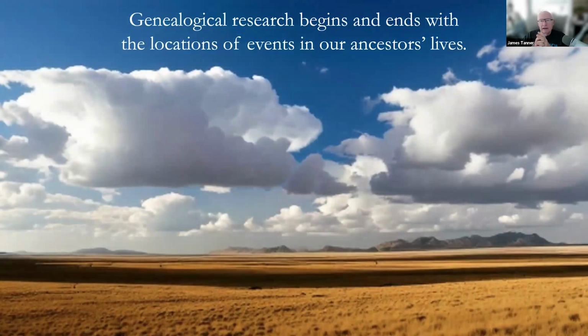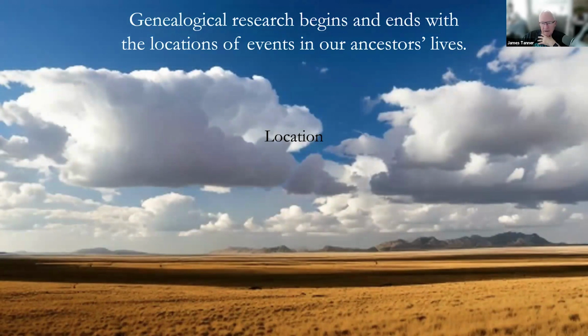And in order to understand this, there's a few things that we need to cover. And that is genealogical research begins and ends with the locations of events in our ancestors' lives. Location is the most important of all of the issues that we deal with. Sometimes we kind of end up fixating on the names of our ancestors.